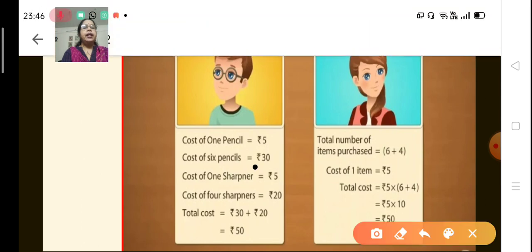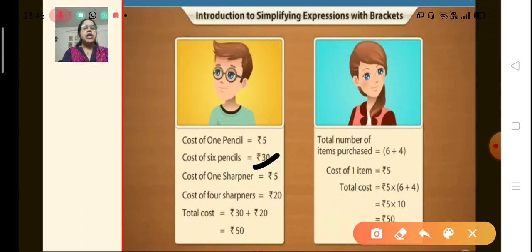Okay, separately he is doing that, and cost of 1 sharpener is rupees 5. So the cost of 4 sharpeners will be rupees 20. All right, and adding them, the total cost will be there, that is 30 plus 20 will be 50. But this girl, she has calculated this in a different manner. Total number of items purchased, that is 6 plus 4, and cost of one item is 5.